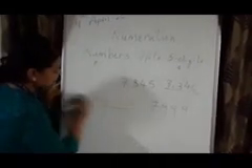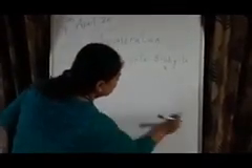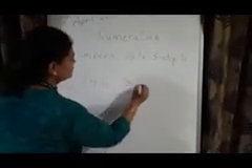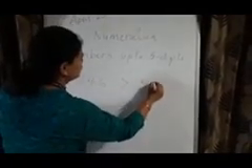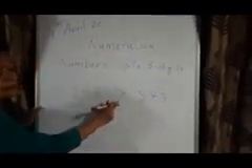Next is comparing of digits. How do we compare? 946 is greater than 873, because this digit is 900 and this is 800, so we use the greater than sign.